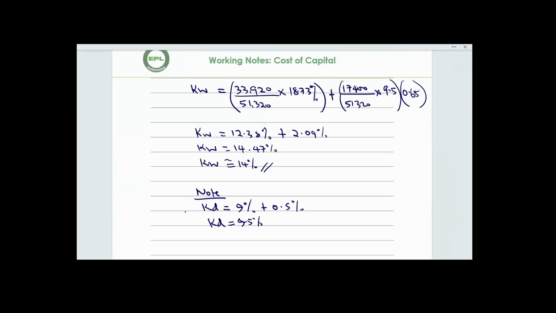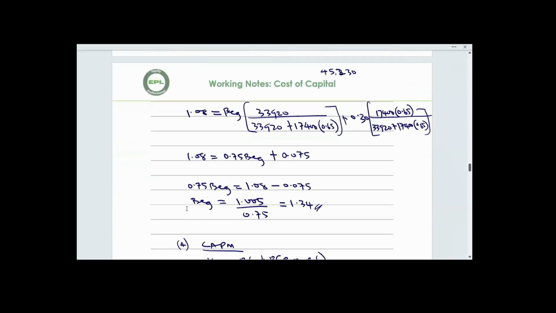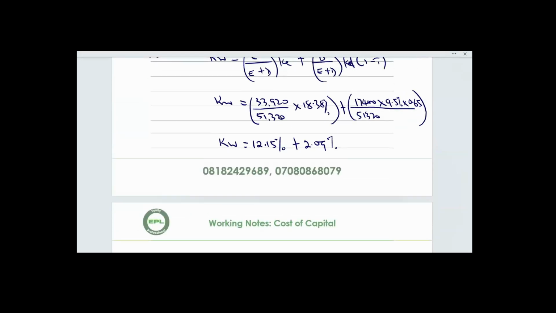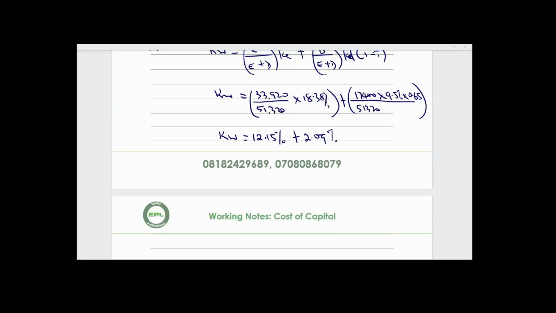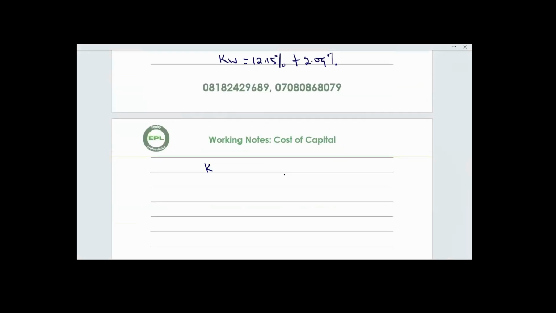What has changed is the cost of equity we calculated. So 12.15 plus 2.09 is 14.24%. WACC is equal to 14.24%.